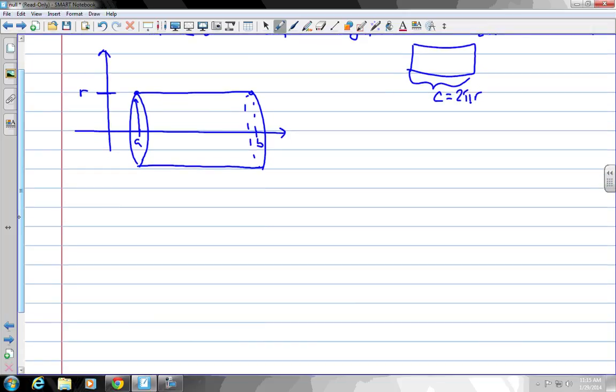we can just set it up as a dx integral. The formula tells me that it's going to be 2 pi, an integral from a to b. Well, what is my function here? y equals r. This is the function, y equals r. So this is r times the square root of 1 plus the derivative of r squared dx.